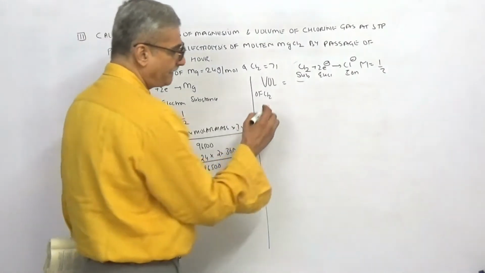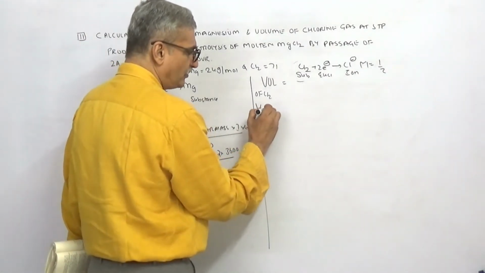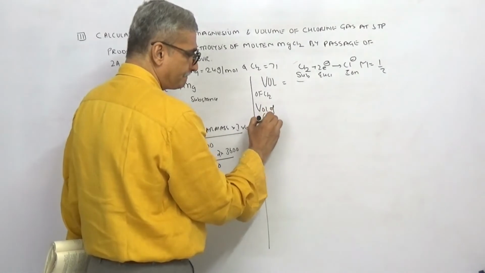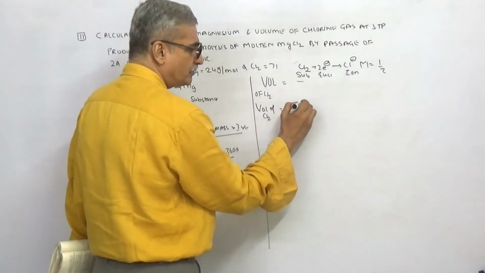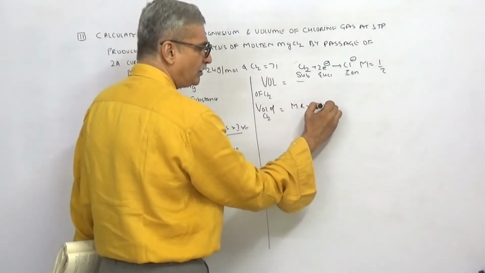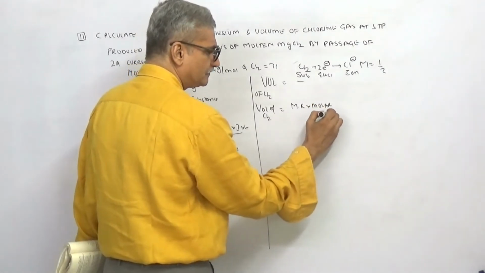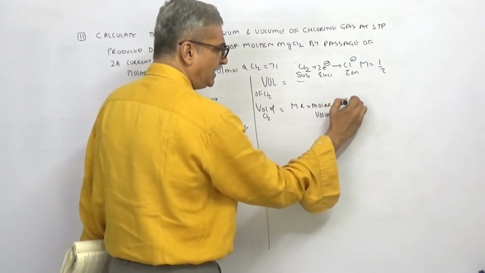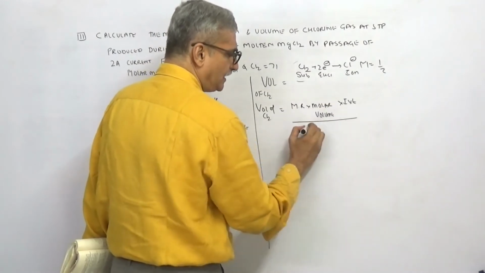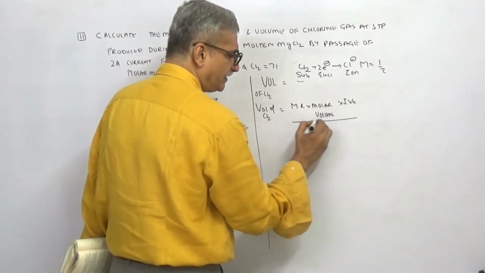So what do we have? So volume of chlorine will be mole ratio into molar volume into I into T upon 96,500.